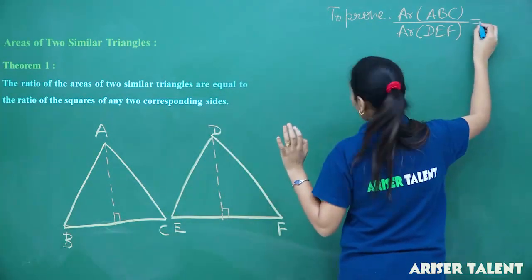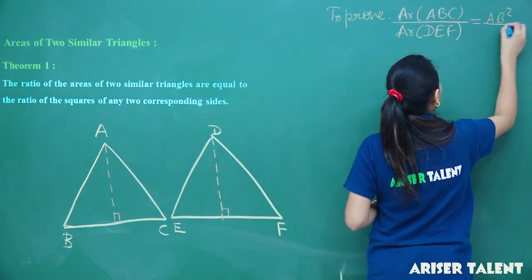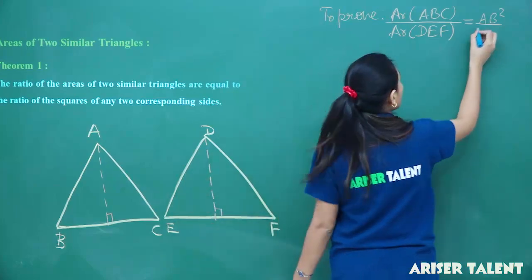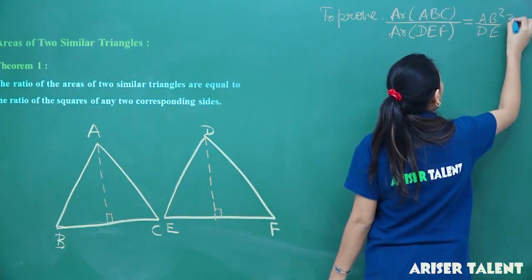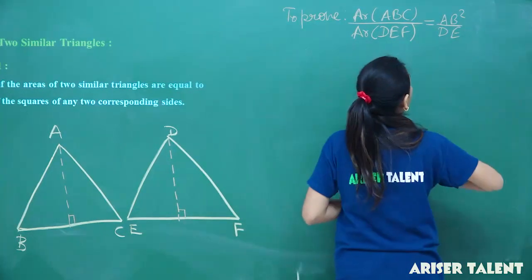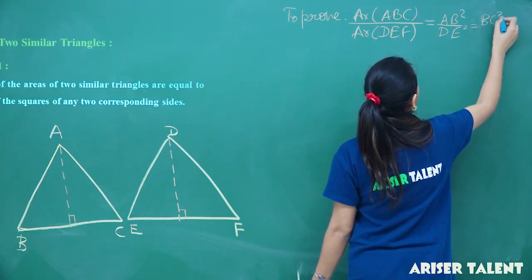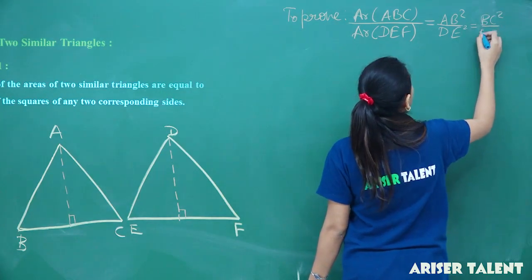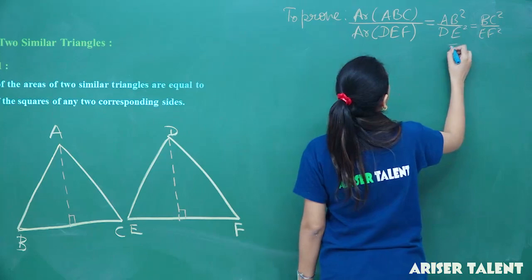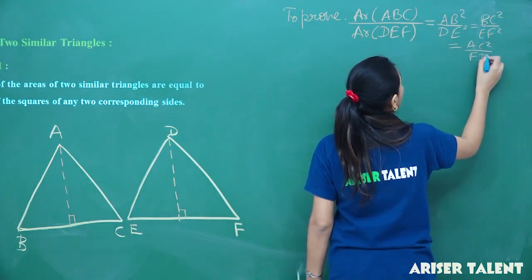That will be equal to AB square by DE square, or we can say BC square by EF square, or AC square by FD square.